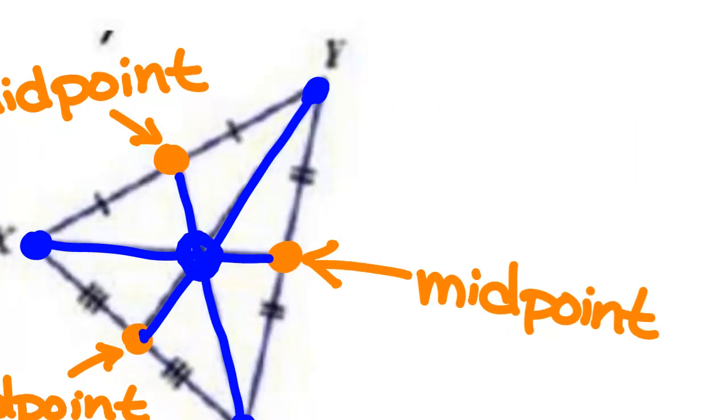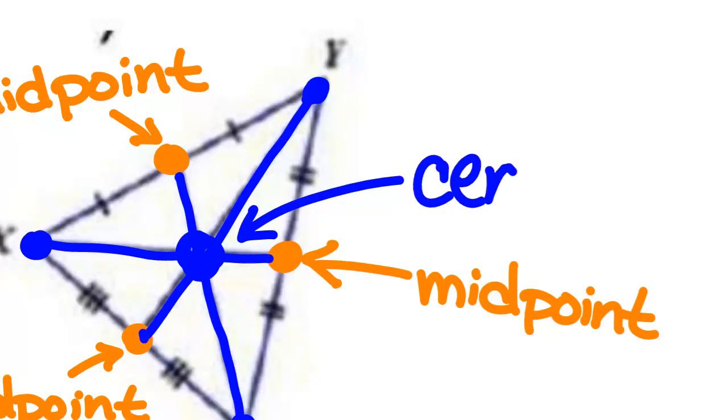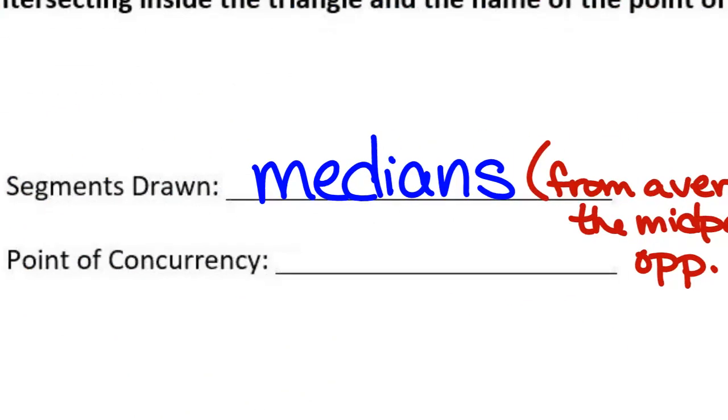And this point right here in the center of the triangle where those three medians are intersecting, what do we call that? You can look back at number 4 if you need to. What'd you say? Centroid, yes. Where the three medians intersect, we call the centroid.